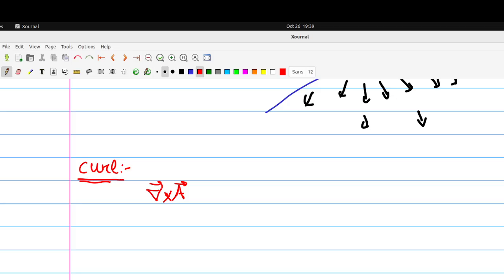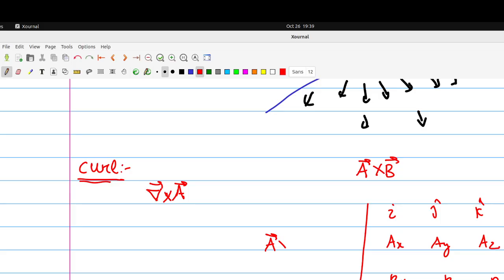Do you remember how you define the cross product between two vectors? With a determinant: i, j, k; A_x, A_y, A_z; B_x, B_y, B_z. A cross B is equal to this much.